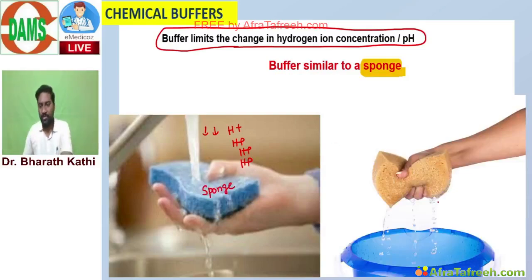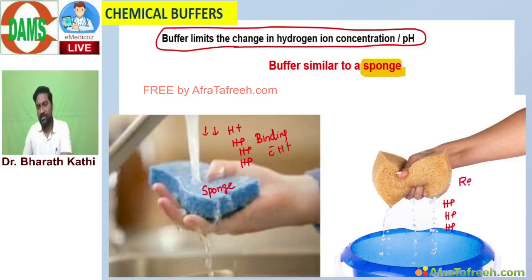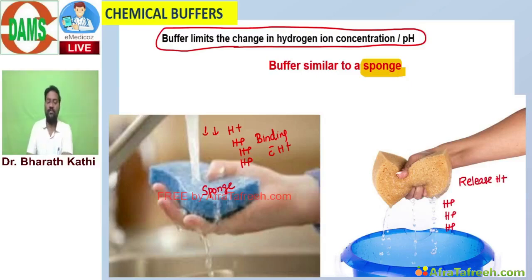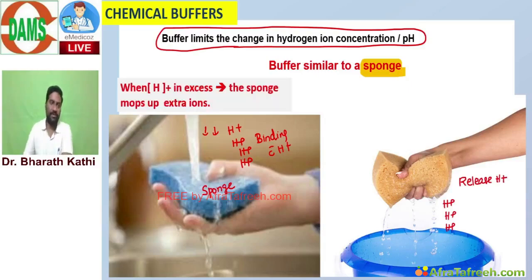Now whenever your body does not have enough H plus, this sponge is going to release H plus. It binds with H plus when there are excess H plus. When there are less H plus, this buffer can release H plus. All this is done so as to maintain pH within near normal limits. When there is excess H plus in your body, this can bind with the extra H plus to maintain the pH.